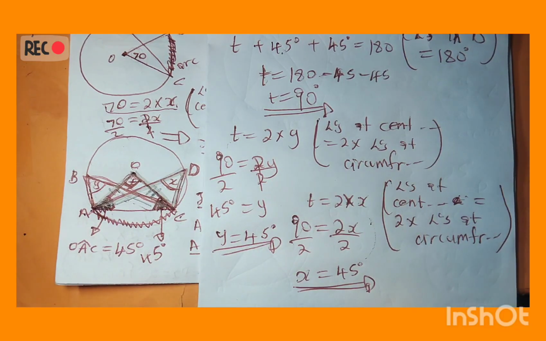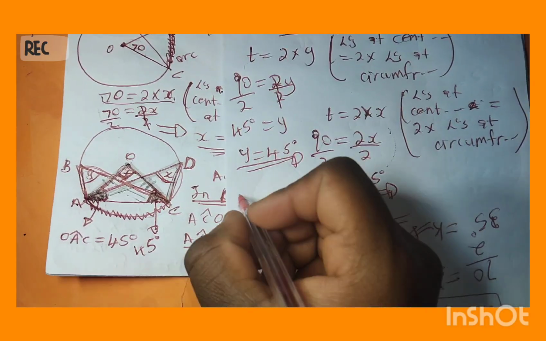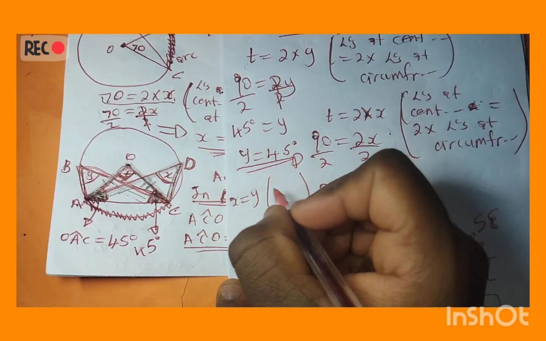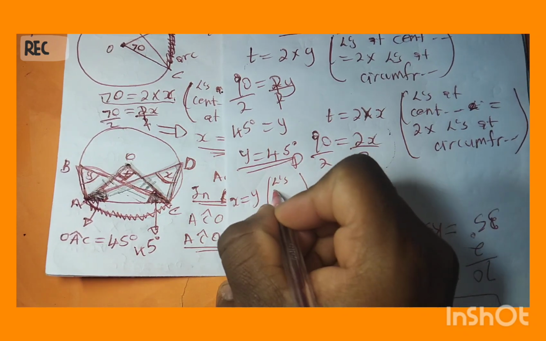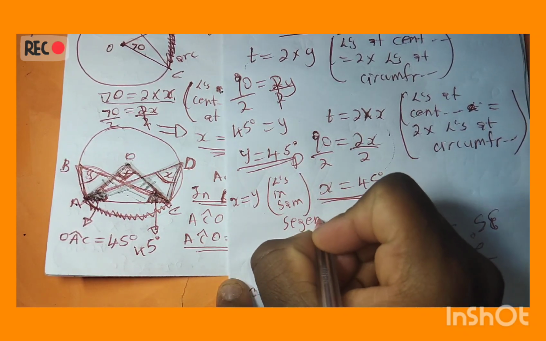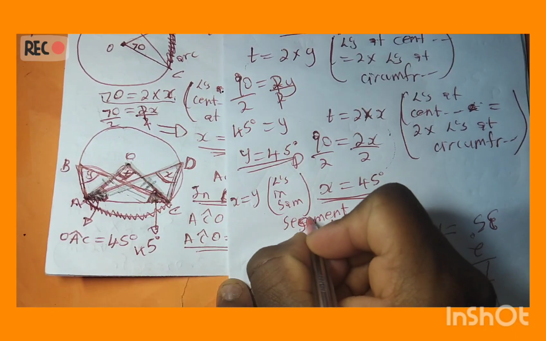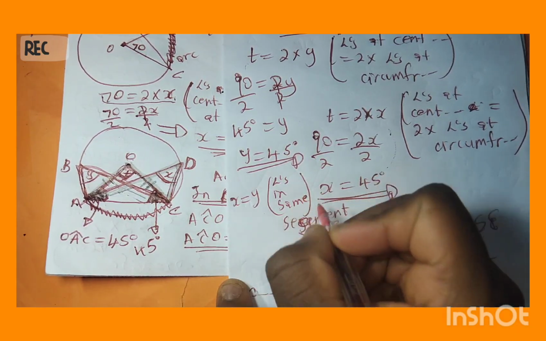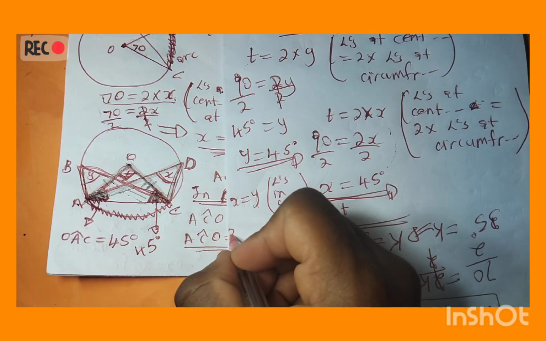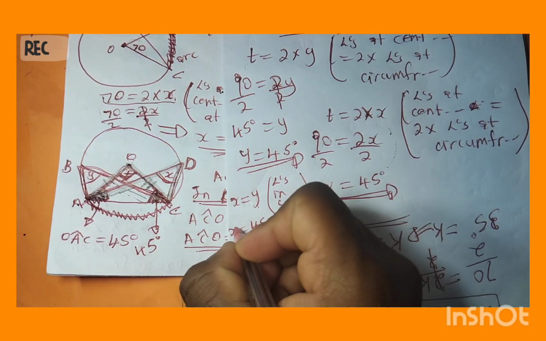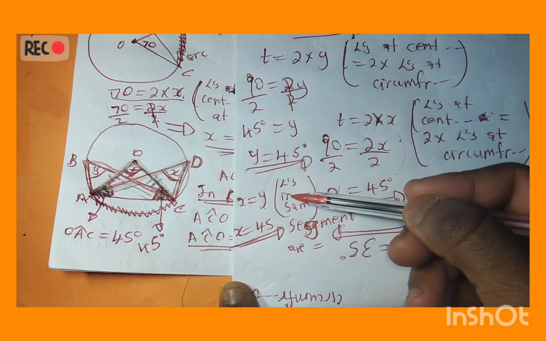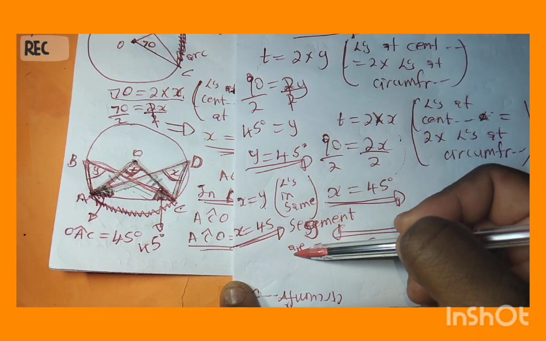So it means that here I can say x is equal to y, because that is a bow tie, which is angles in the same segment. Angles, guys, in the same segment are equal. And now I know the y value, meaning x there is equal to 45 degrees.